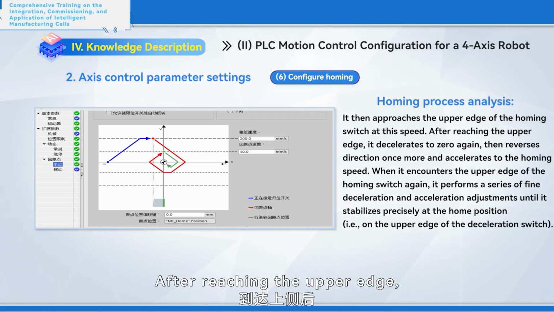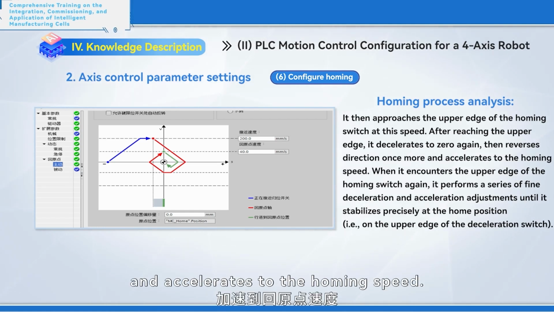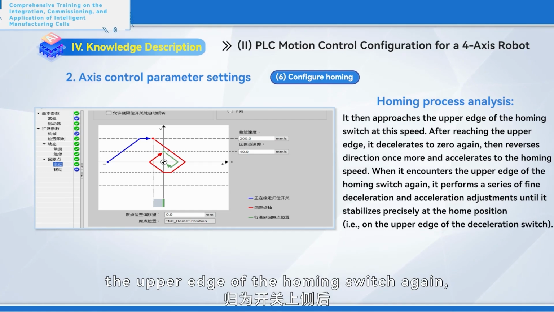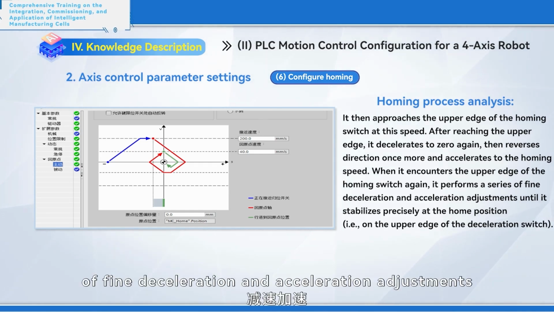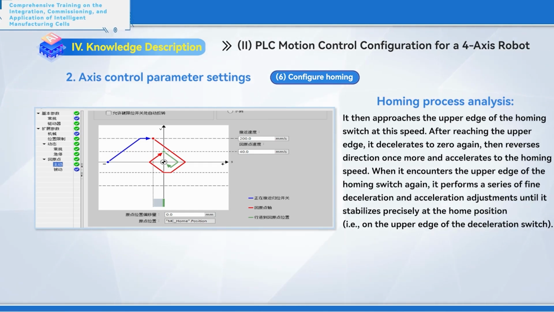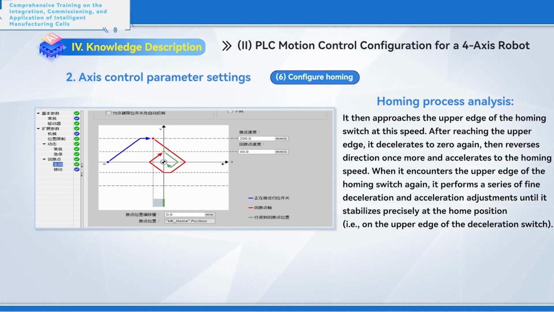After reaching the upper edge, it decelerates to 0 again, then reverses direction once more and accelerates to the homing speed. When it encounters the upper edge of the homing switch again, it performs a series of fine deceleration and acceleration adjustments until it stabilizes precisely at the home position, i.e., on the upper edge of the homing switch.